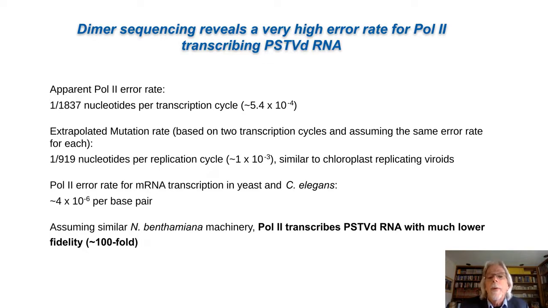We extrapolated based on 2 transcription cycles and assuming the same error rate for each. Again, assumptions, but the best we could do. To put it another way, twice the mutations in the same number of nucleotides sequenced. And we came up with an estimated extrapolated mutation rate of about 1 in 10 to the minus 3, which turns out to be very similar to the chloroplast replicating viroids.